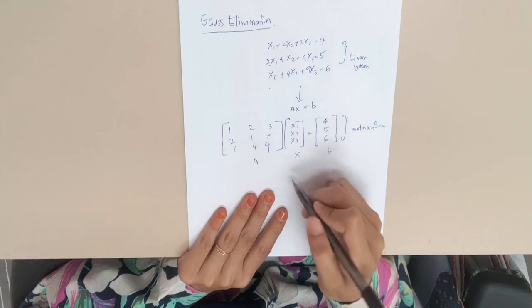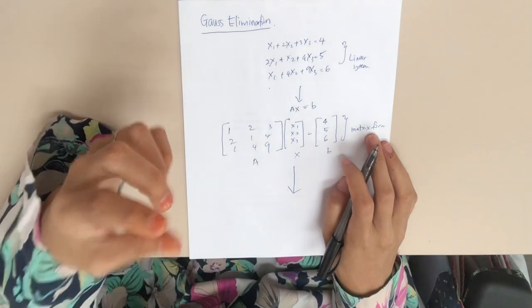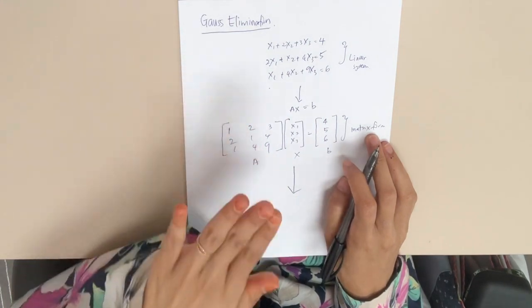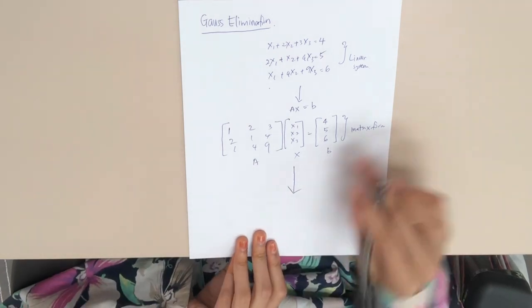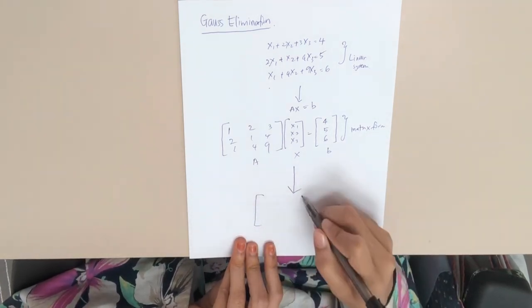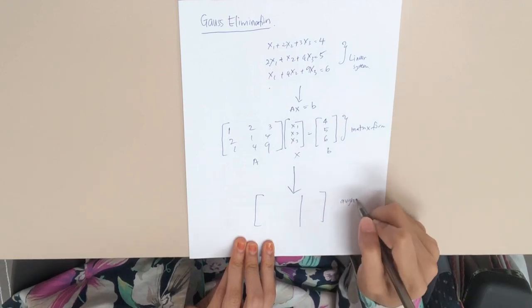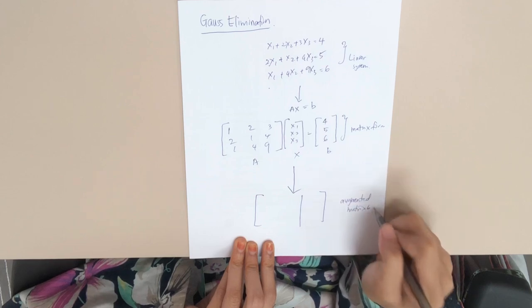So this is basically the basic idea about the solution, and at the same time the steps. After you have a matrix form, you need to change it into an augmented matrix. What is an augmented matrix?